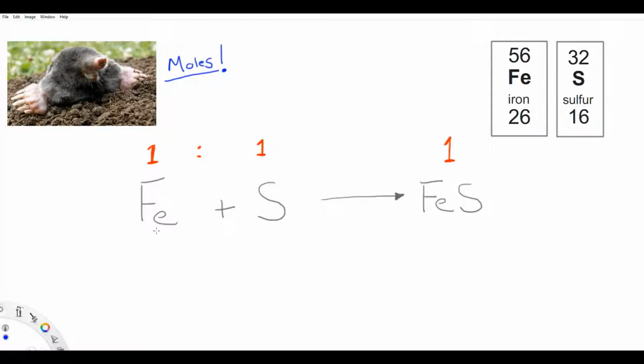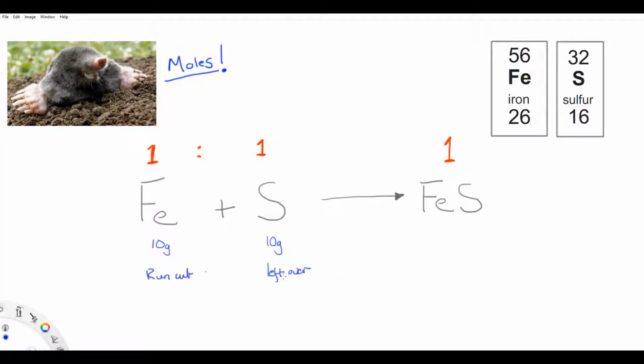So again, if I was to weigh out equal quantities in grams, let's say for instance 10 grams and 10 grams, you should notice that actually because sulfur is lighter, I would have lots of these left over and would run out of my iron.